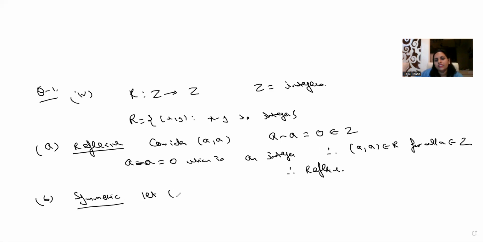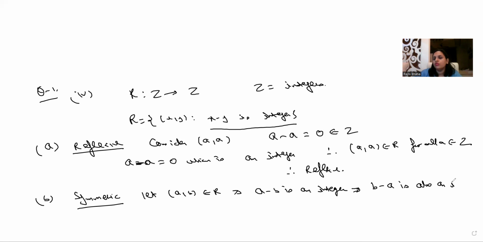In symmetric we write: let A comma B belong to R. This implies A minus B is an integer. If A comma B belongs to R, it satisfies the condition of R. This means A minus B is an integer. If 2 is an integer then -2 is also an integer. So if A minus B is an integer, this implies B minus A is also an integer, and therefore B comma A also belongs to R, and therefore this relation is symmetric.